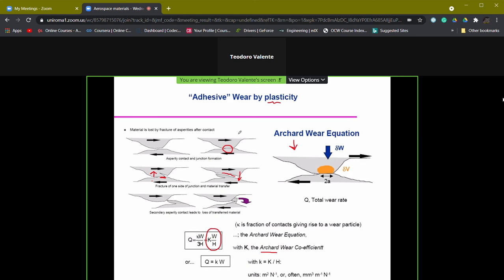The second consideration is related to the question why the breaking of the micro welding does not occur at the same point where the micro welding has been formed. Well, also for this we do have an answer, because when we consider the stresses which are present in the asperities in contact, we can exceed the plastic behavior of the materials.